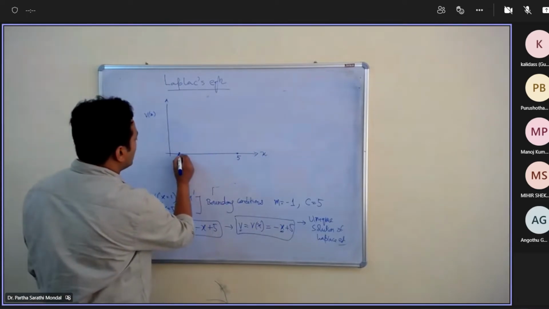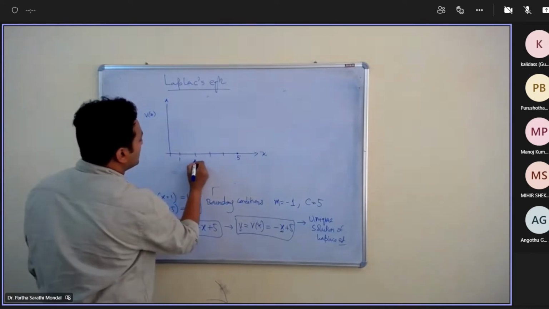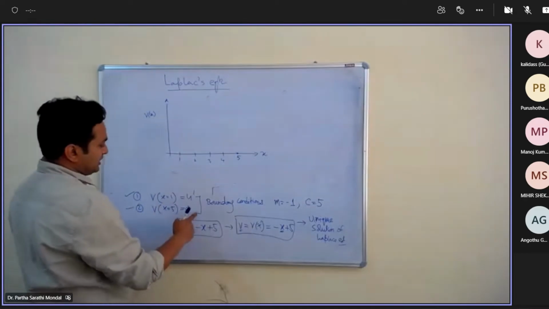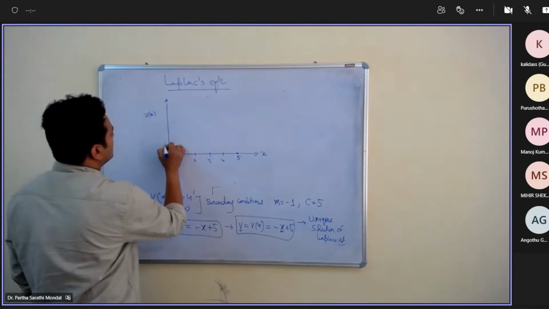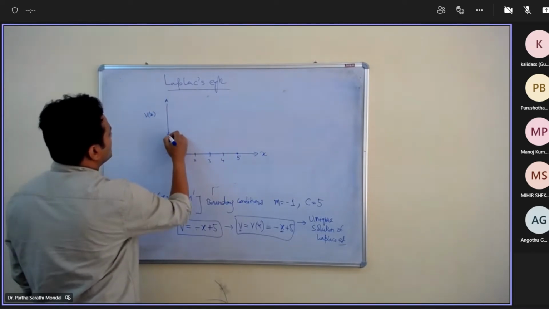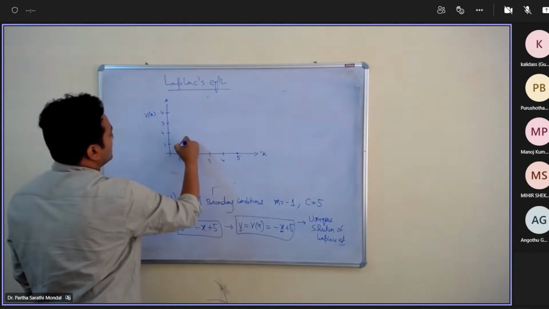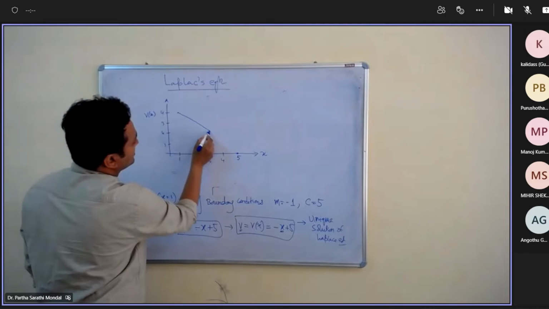Let's say this is 1 2 3 4 5 and 1 2 3 4 5. So like this, this is your solution.